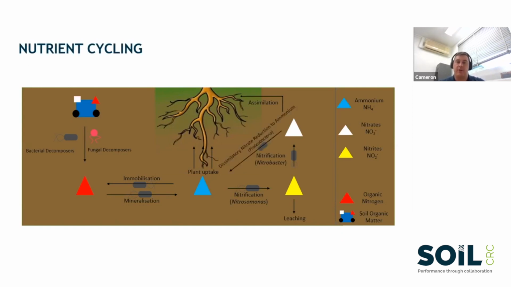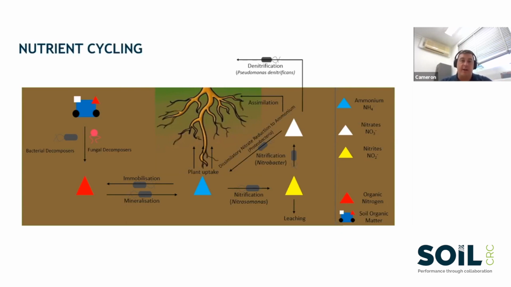At the same time, proteobacteria can act on that nitrate, and it's a pretty complex process, but it's called dissimilatory nitrate reduction to ammonium. So this nitrate is converted, before it gets taken up by the plants, back to ammonium. And then it's just like an added step for the plants to access this nitrogen.